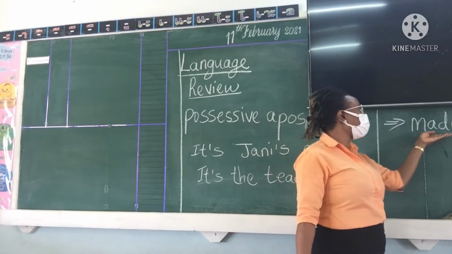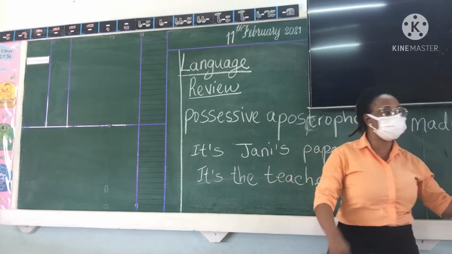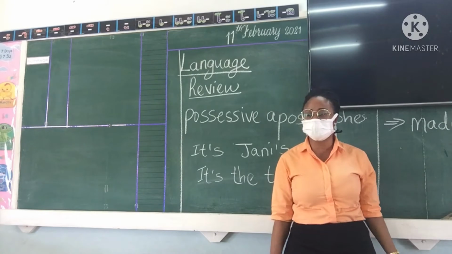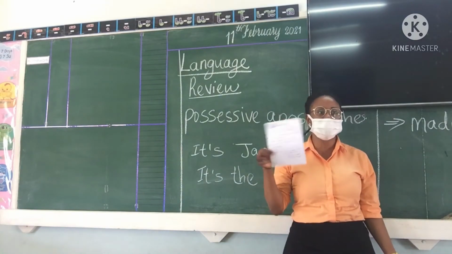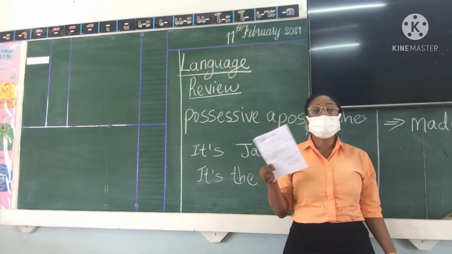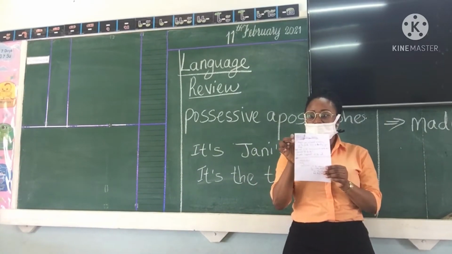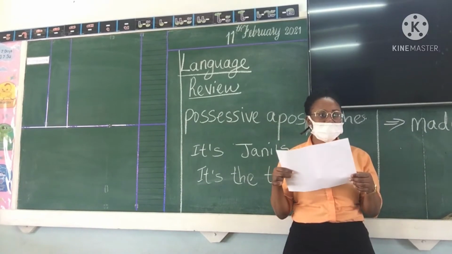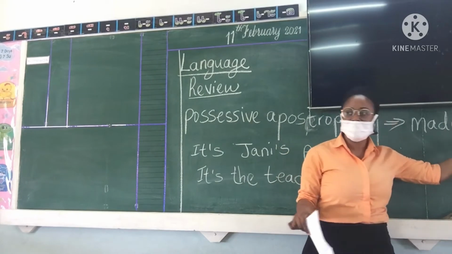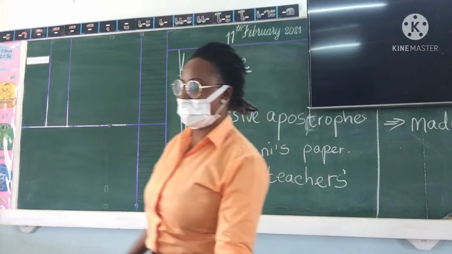So when we say made of, it means they use these materials to make the various things we are talking about. Okay? For example, this paper is made of what? Paper. Yes, this paper is made from. What is the raw material used for papers? Wool. Okay? It's made of wool. This table is made of.